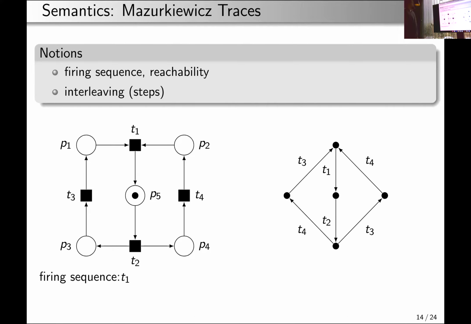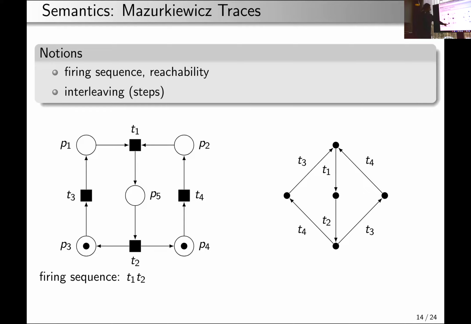So very intuitively, a firing sequence is just a valid sequence of firings, meaning in order for the transition to fire, it must be enabled at the corresponding state. Okay, so now from the initial state, T1 was enabled, so I can just write it in my sequence.